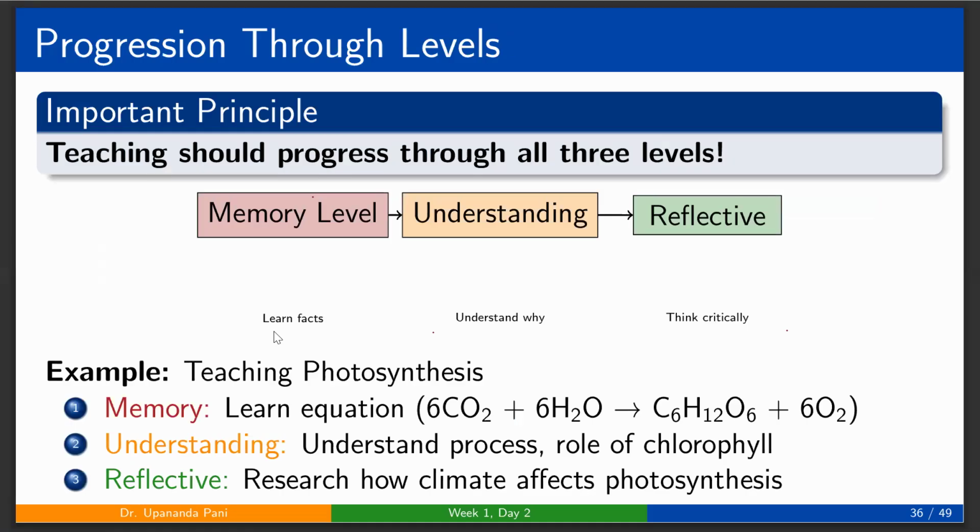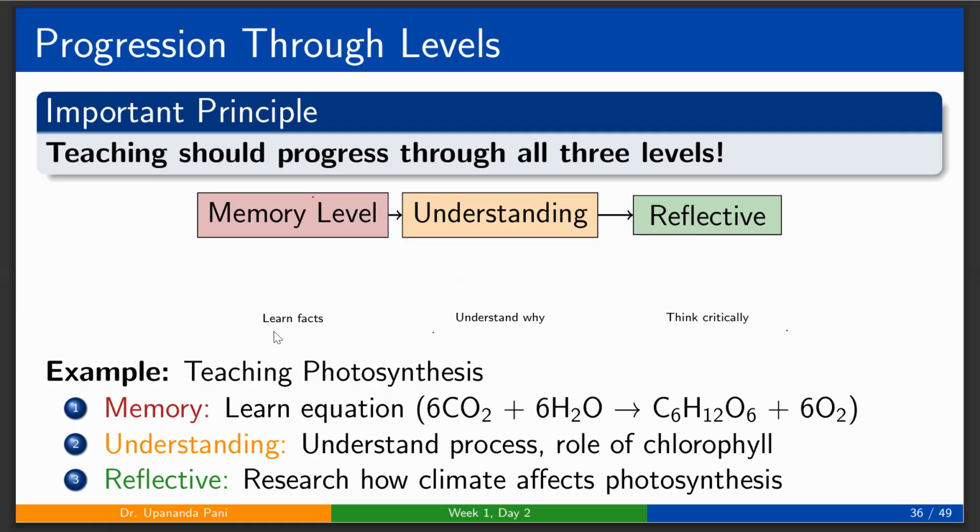There should be a very smooth progression across these three levels. The important principle here is that teaching should progress through all three levels. You cannot say that if I am teaching at memory level, I have to take my students to reflective level through my effort, through my understanding. As a teacher, it is very challenging because you will have different types of learners in a class.